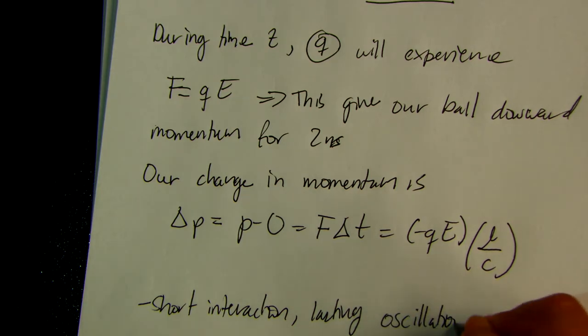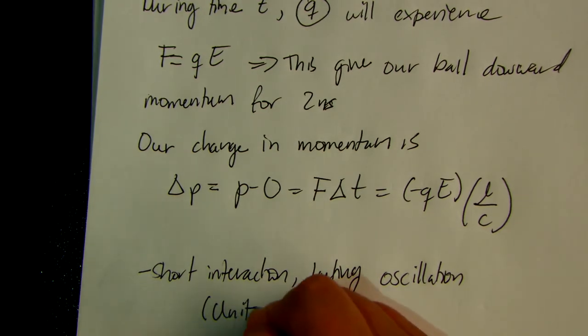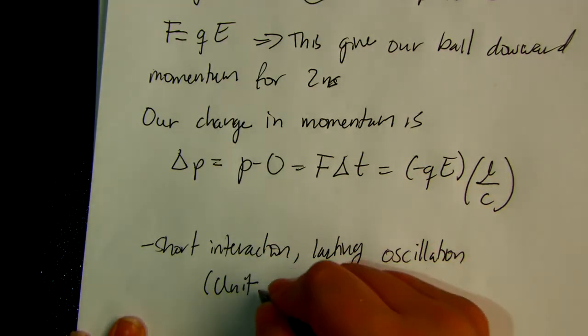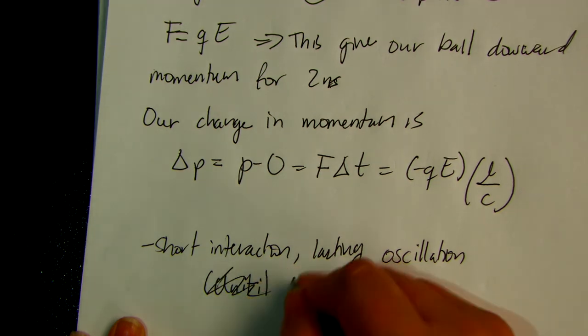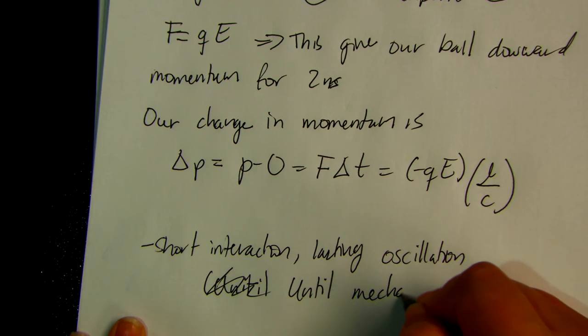So if you had a perfect spring, it would oscillate forever. But if you don't, you have oscillation until mechanical friction stops it.